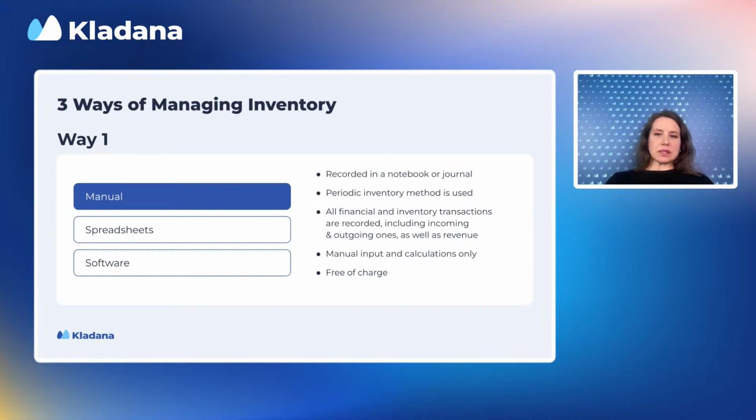And of course, it's difficult to see any reports if you keep records in a notebook, just the total of how much was received, how much was sold, and that's it.